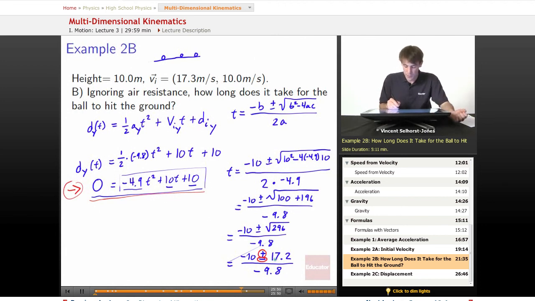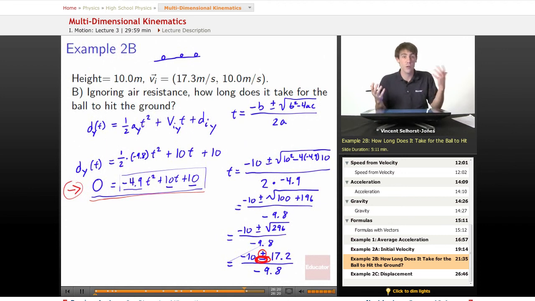So we look at this, and we have to find a way to have a negative number on top, because negative 10 plus 17.2 would give us a positive on top, then we divide by negative, and we wind up getting a negative answer. So we're going to have to go with the negative of the plus or minus, because it's the only one that would work. If we solved it out and got both answers, we'd get two of them, one positive and one negative.